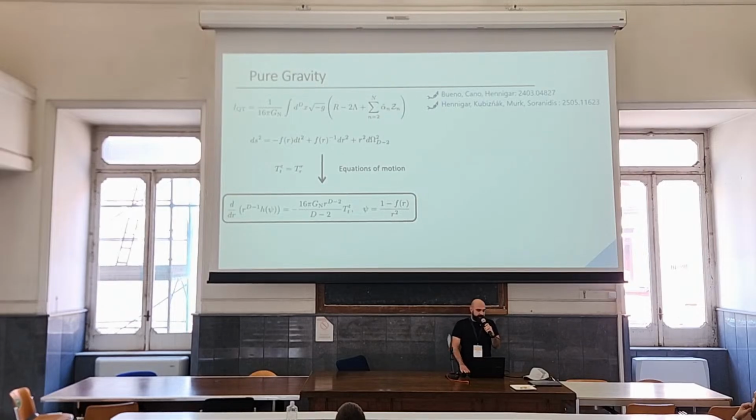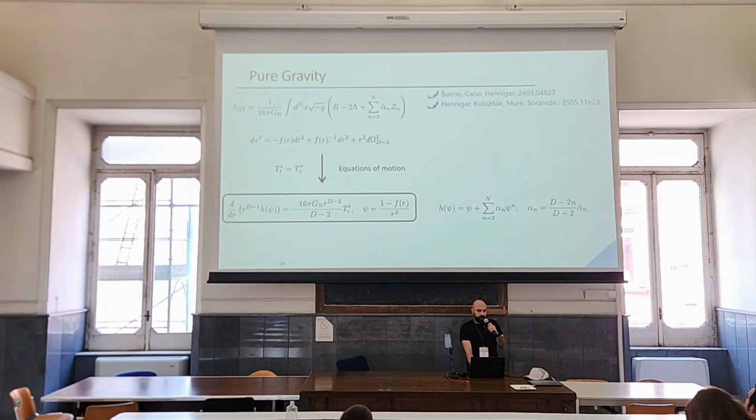To give you an example of how we source regular solutions, assume that we have a metric that looks like this. If we want to add matter fields, we assume that they inherit the spherical symmetry of the spacetime. The equations of motion look like this, where we have a function h(\psi), which is a series expansion like this, where these \alpha_n are related to the \alpha_n that show up in the action of the theory.